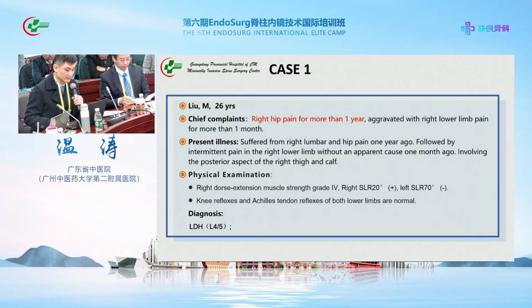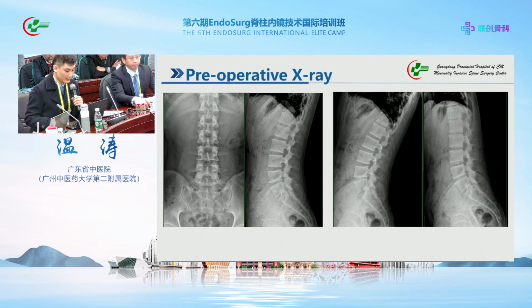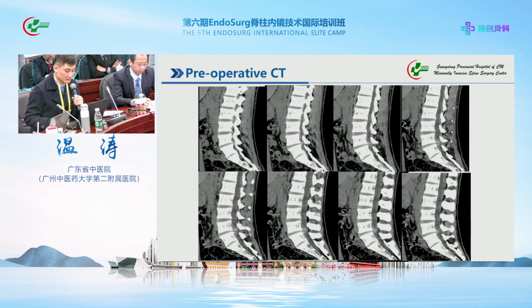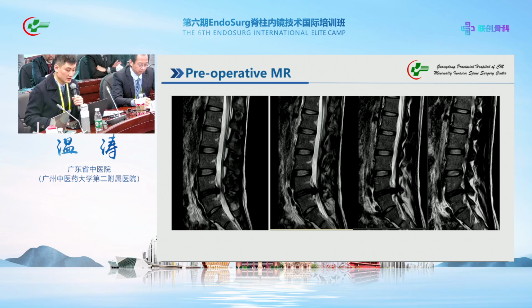You can see the L45 foraminal space is a little bit narrow here. This is the pre-op CT. There is no ossification at L45. And the pre-op MR shows that this is a big herniation.